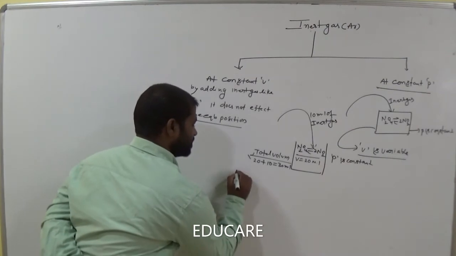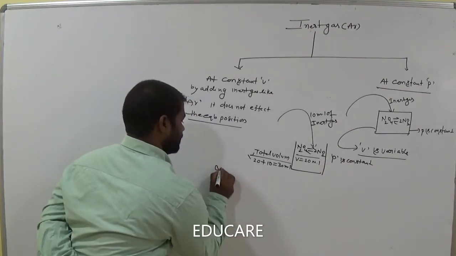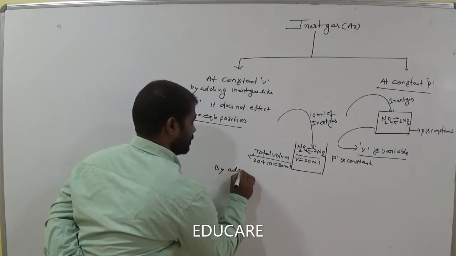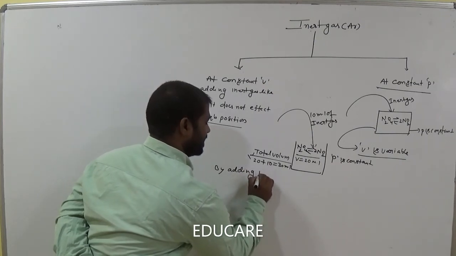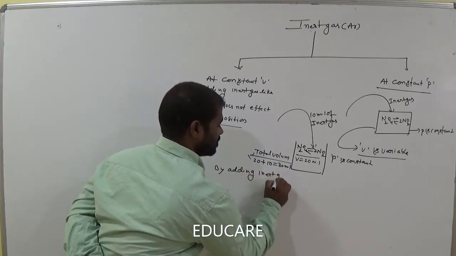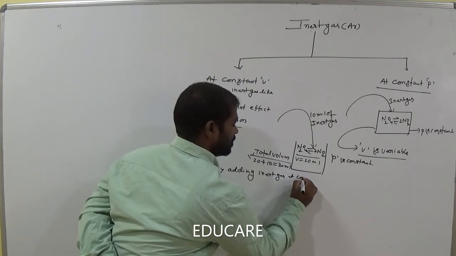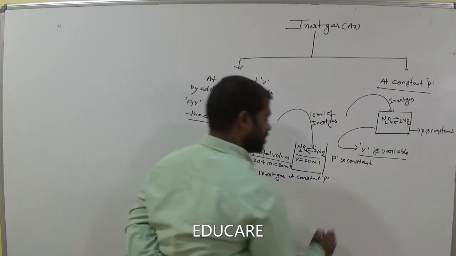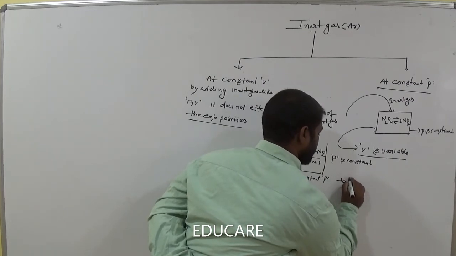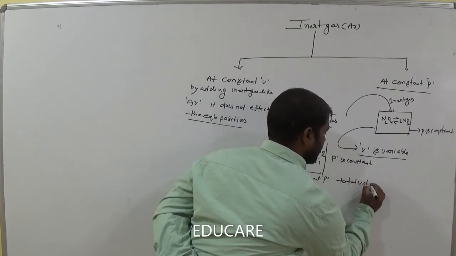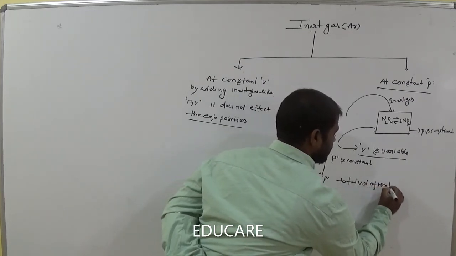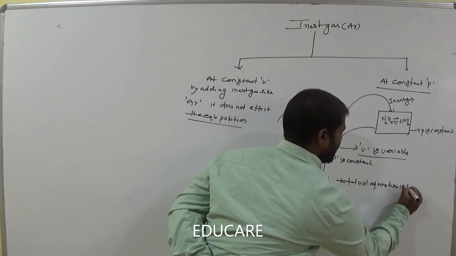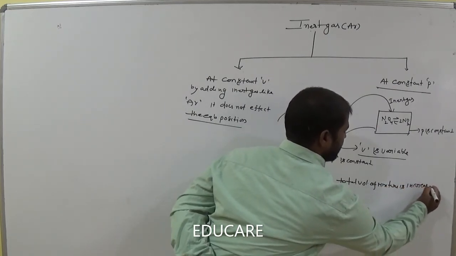Is it clear? So by adding inert gas at constant pressure, the total volume of the mixture is increased.